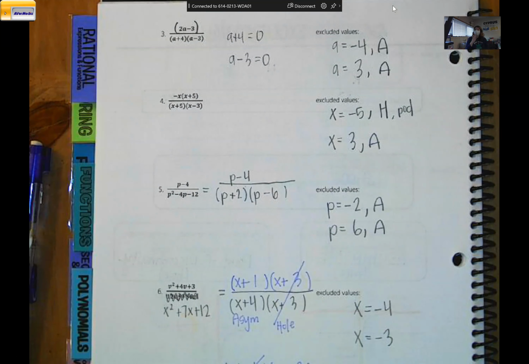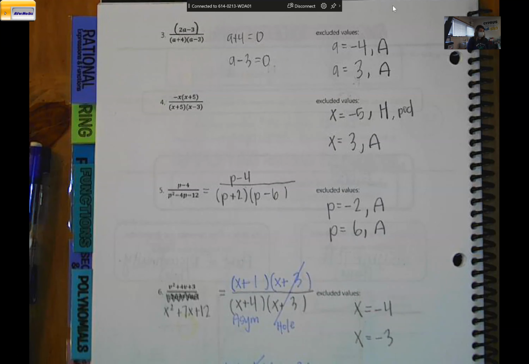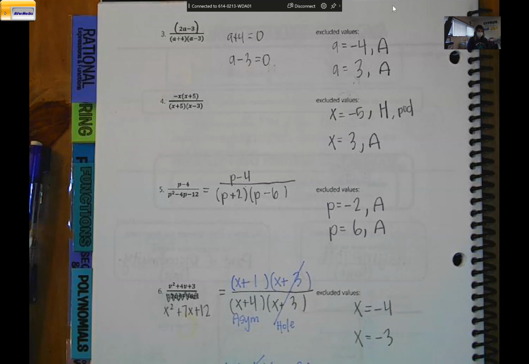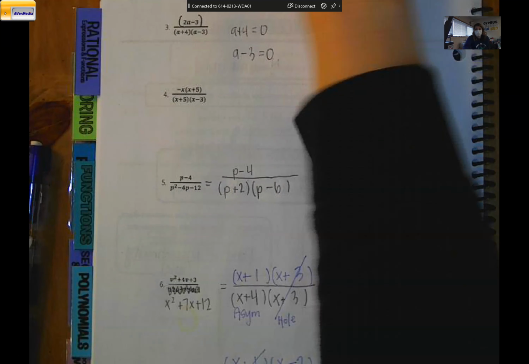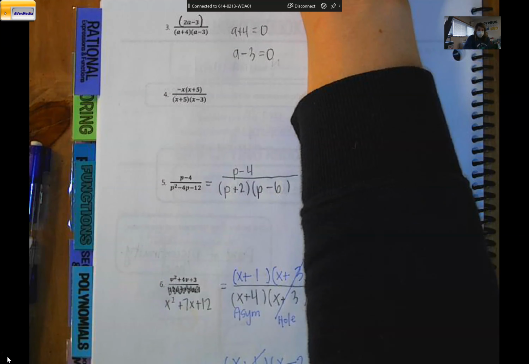Then, after you already know the excluded values, look at the numerator to see if it's a hole or an asymptote. Is that making sense? Yes. Are you sure? Yes. Denominator first, then check numerator. Okay? Okay. That's it. Get cruising on your quiz to see how you feel about it.